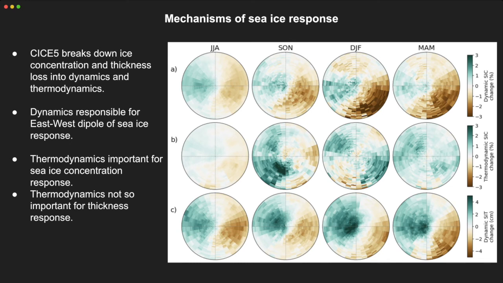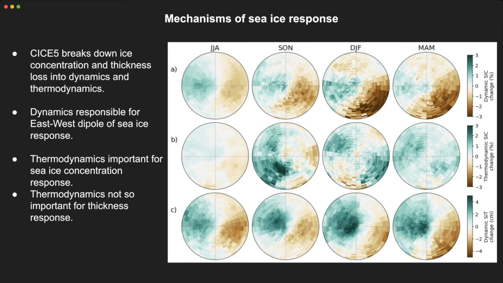You could argue there's some east-west pattern, particularly in summer and fall, but it's certainly less consistent. And so my takeaway from this is that thermodynamics are also important in determining how sea ice concentration changes in response to cyclones, but that they drive less of this east versus west pattern that we've been talking about specifically.